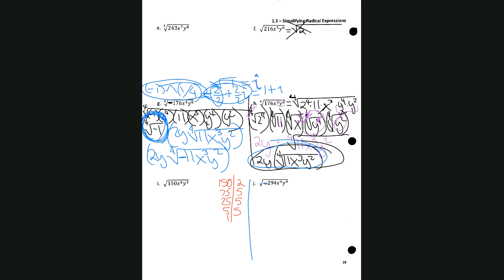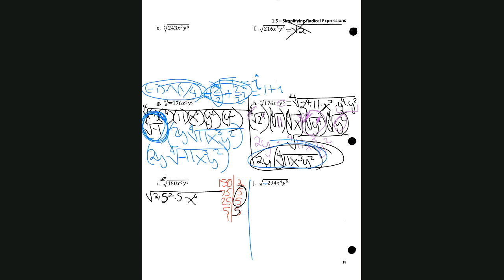The index for that problem is a 2, so it will be 2 times 5. We can make a group of 2, so 5 squared times, we still have this other 5. And then for x, x to the 6th power, we will just leave it like that.